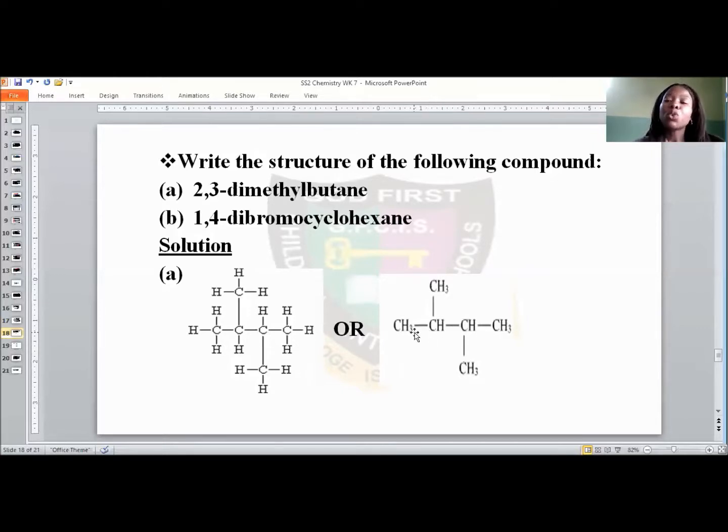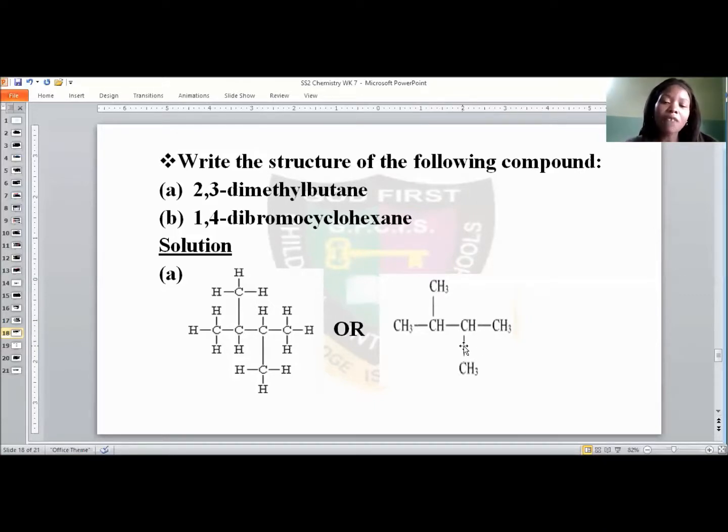So you can use this way. First you write the 4 carbon chain. Then on carbon 2, you have CH3. On carbon 3, you have CH3. Now, the position, whether it is up or down, does not change anything. It could be up, down, or the way it is like this. So you have CH3, CH, then CH3. Why? Count the bond. I have 1, 2, 3, and then this hydrogen makes it the 4th bond.